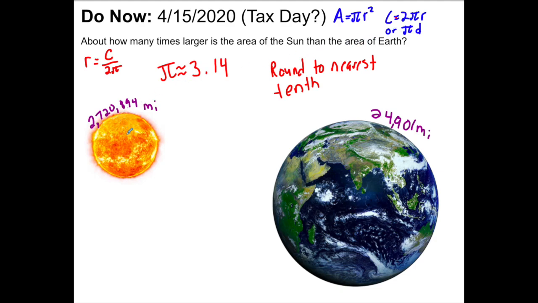Okay, so let's take the circumference. I'm going to take 2,720,894, and I'm going to divide by 2 times 3.14. Essentially, you're dividing by 6.28.